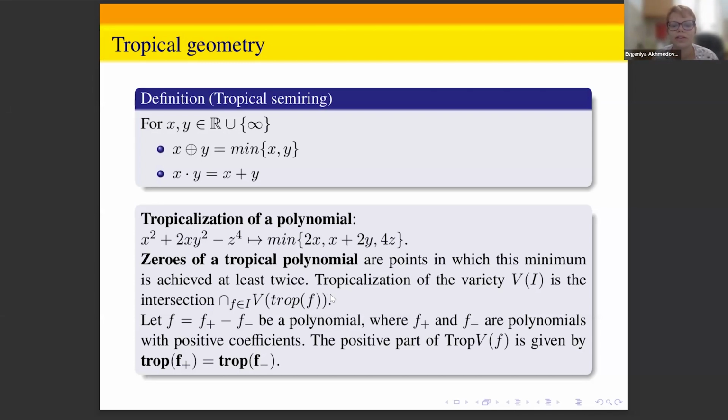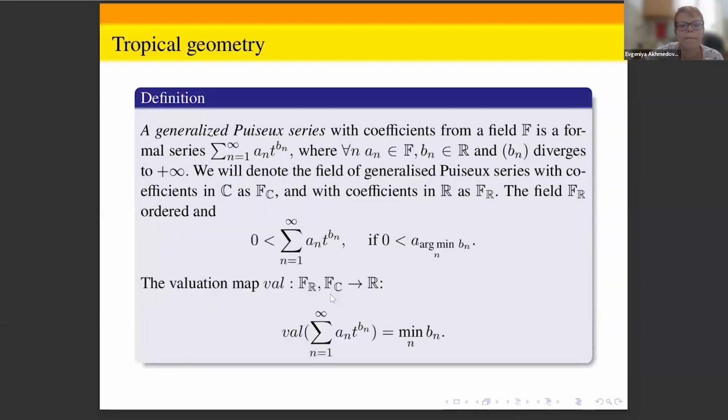So we say that the point is in the positive part if the minimum is achieved both in a term that came with a positive coefficient and in a term that came with a negative coefficient. So here we see that it actually requires us to remember which polynomial exactly we tropicalized. And the positive part of the variety is the intersection of positive parts of the hypersurfaces cutting it out.